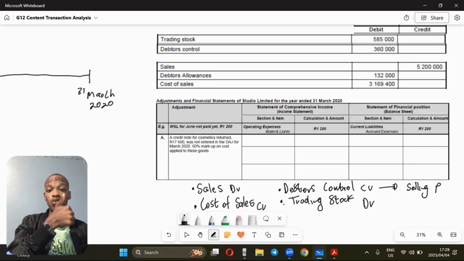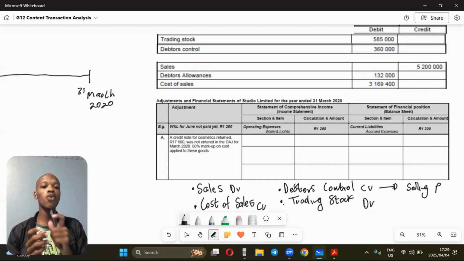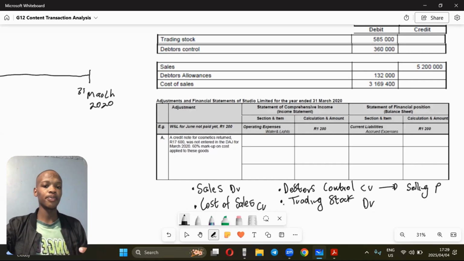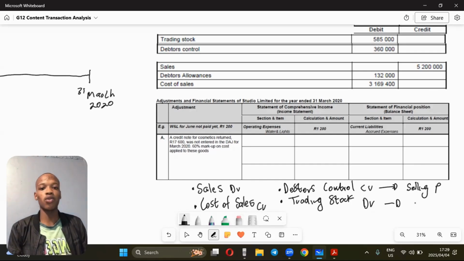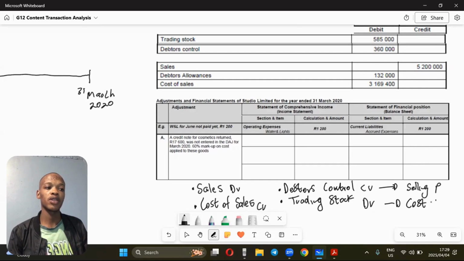The person you sold to on credit is going to owe you the selling price. Cost of sales has to do with how much you spent to bring the trading stock into your business. Trading stock is at cost price, so they are going to be affected by the cost price.